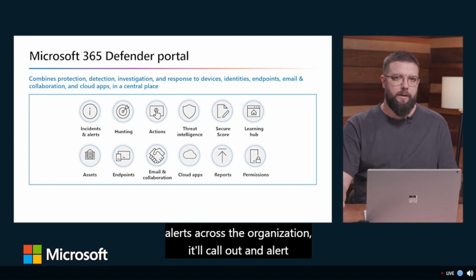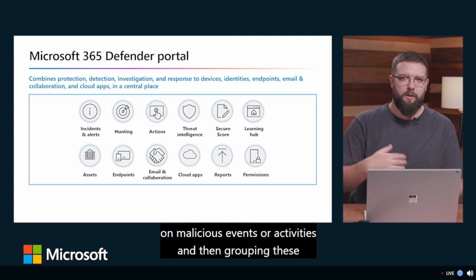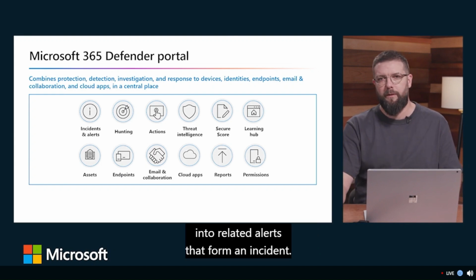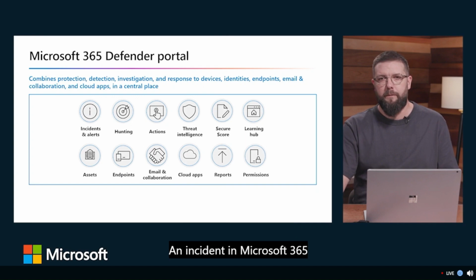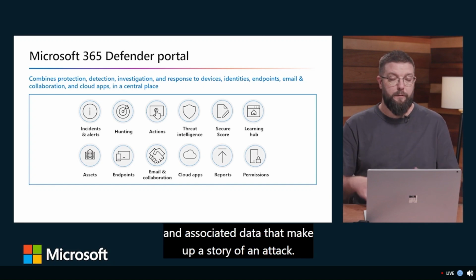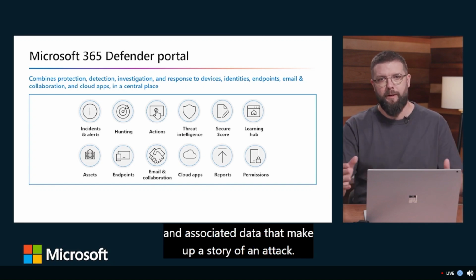It'll call out and alert on malicious events or activities, and then grouping these into related alerts that form an incident. So an incident in Microsoft 365 Defender is essentially a collection of correlated alerts and associated data that make up a story of an attack.